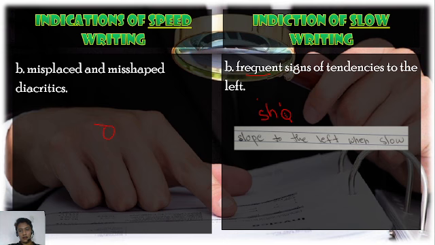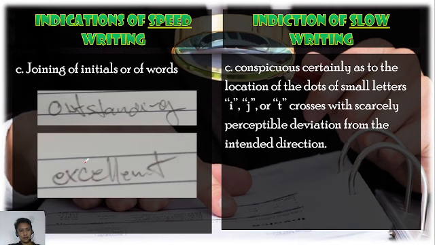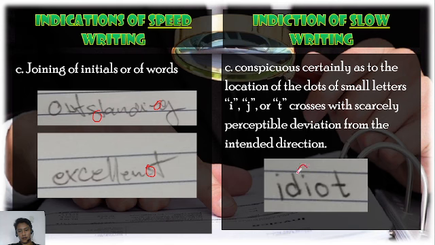Okay? So anyway, we have here also joining of initial words. So nagkakadugtong-dugtong yung sulat. Katulad na lang po ng mga to. Okay? And as to the slow handwriting, conspicuous certainly as to the location, yung nabanggit ko kanina, accurate or almost perfect yung pagkaka-align ng letter or the diacritics. Okay?